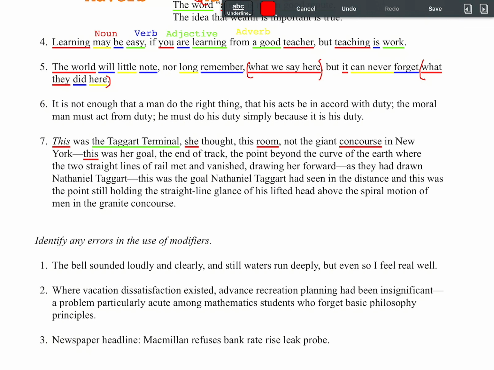Wait. And maybe it means "this was the end of the track." It has implied words. As they had drawn.